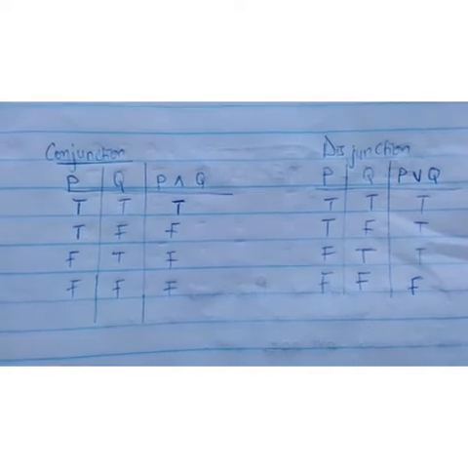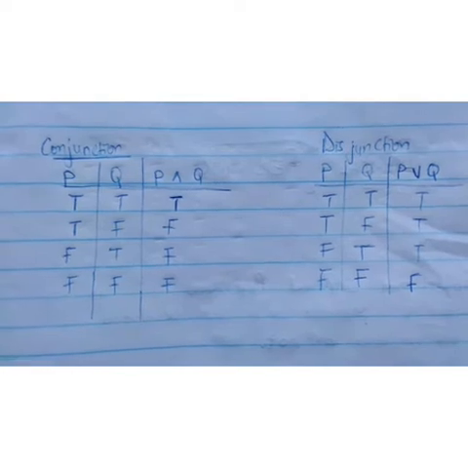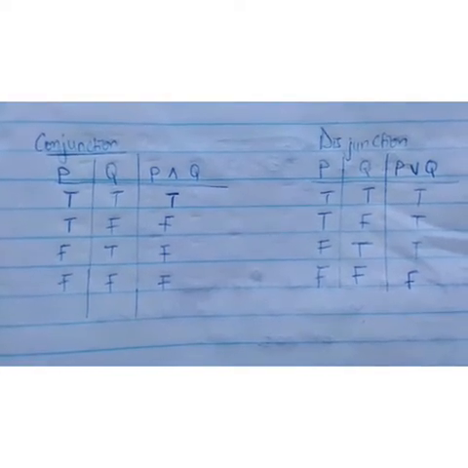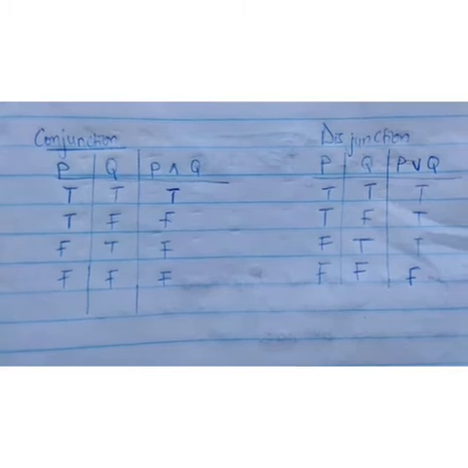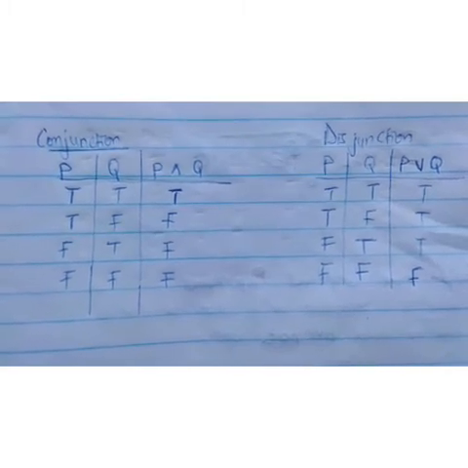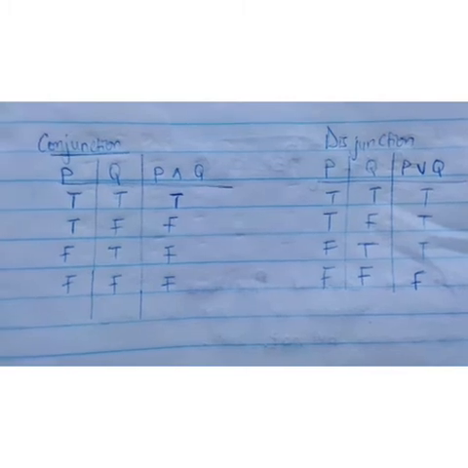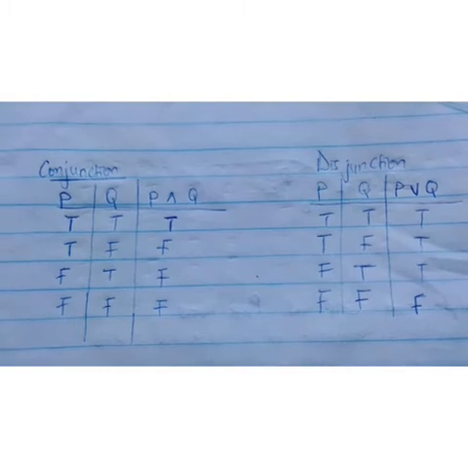Now, for conjunction, which is P and Q, P and Q is said to be true if P is true and Q is true. So when you are told to find the conjunction, it is only true when P is true and Q is true. For the disjunction, it is said to be false when P is false and Q is also false.